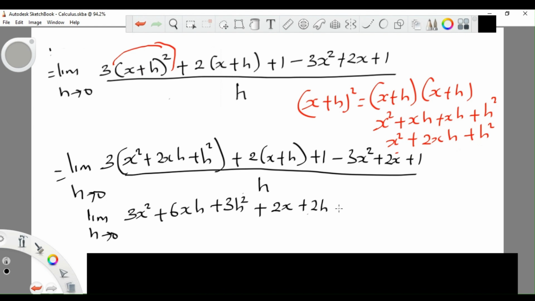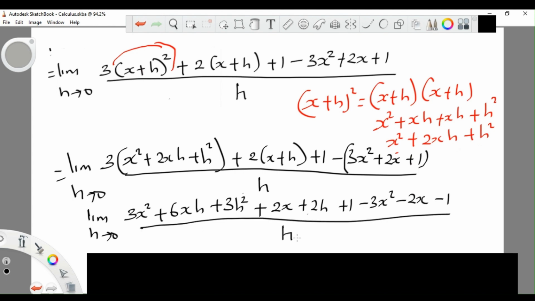Then we have plus 1. Now, this minus, we multiply everything on the right. So minus 3x squared, here we have minus 3x squared. Minus times plus is minus, so we have minus 2x. Minus times plus is minus 1. If you want to know how to multiply signs, you can click on the link on the card above so you can learn how to do that.